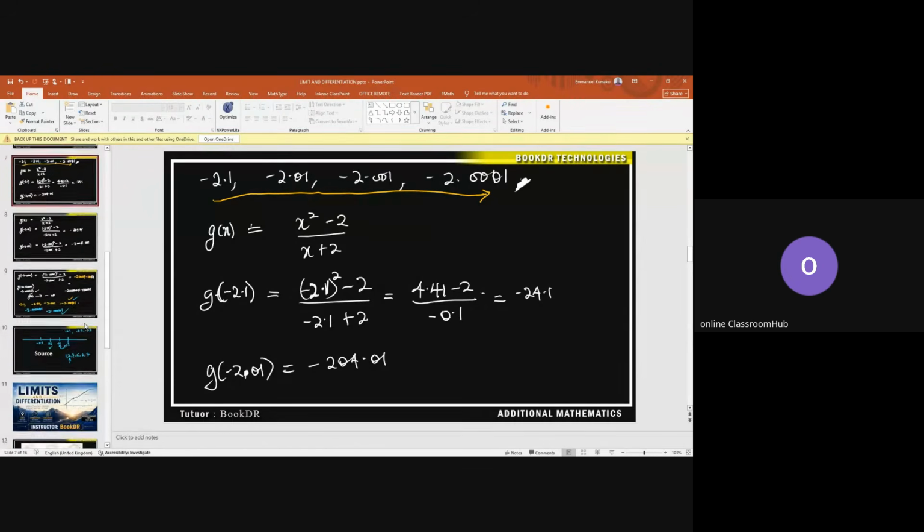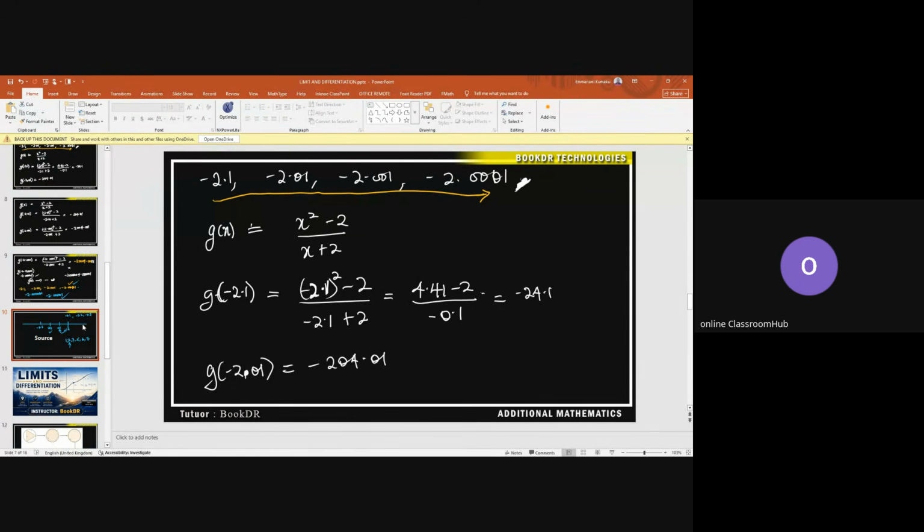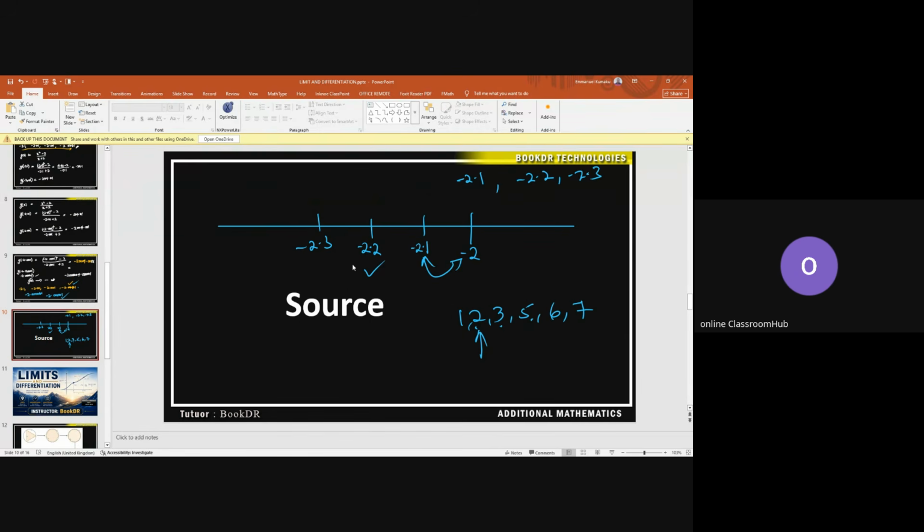And when you compare these values that we pick on the number line, we can see that all those numbers are on the left side of -2 on the number line. And I said today, we are going to investigate the behavior of the function of values near -2 on the right-hand side of -2. So let's start.